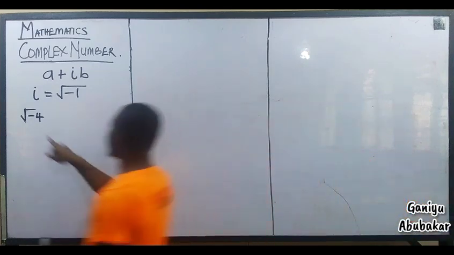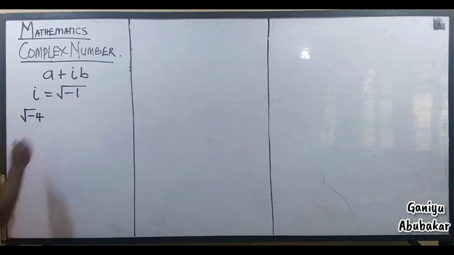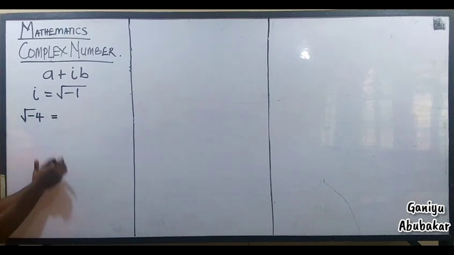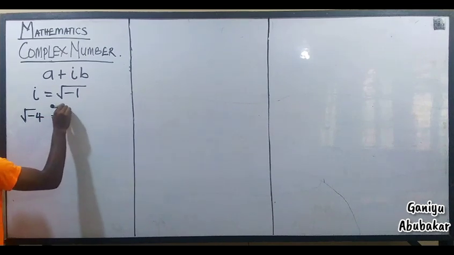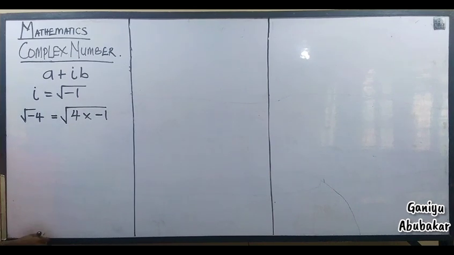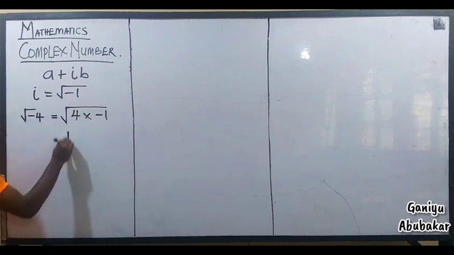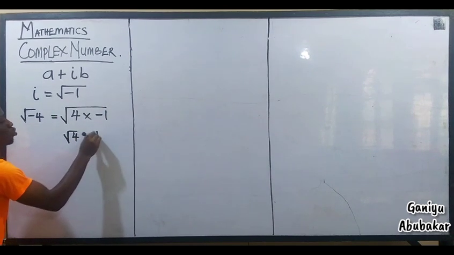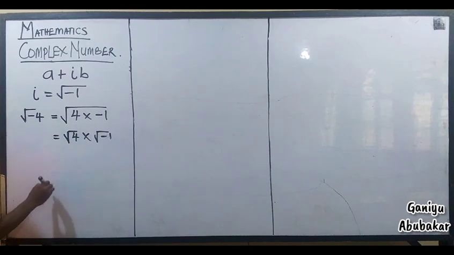How? If I have root minus 4, I can write it as root 4 times minus 1, and that's still correct. Of course, from that same concept, I have root 4 times root minus 1, and that's still correct.